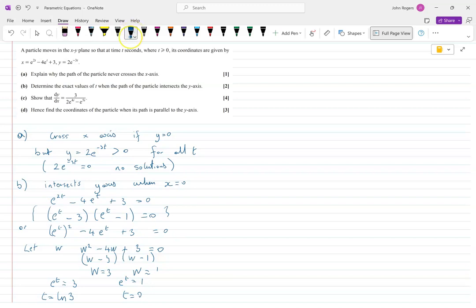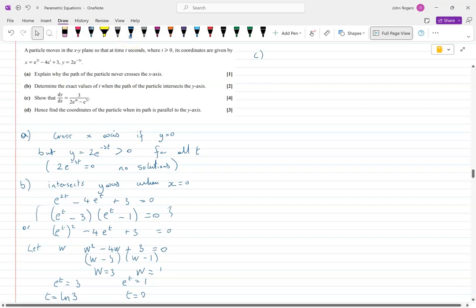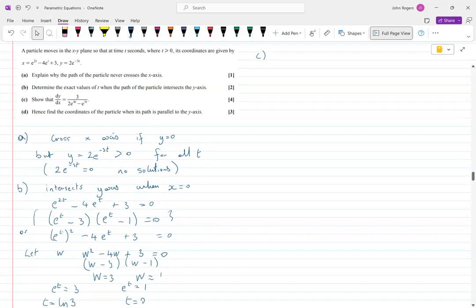So again, it's not too much to deal with here. We can just say we've got x is equal to e to the 2t minus 4e to the t plus 3. So differentiating that, we get dx by dt.